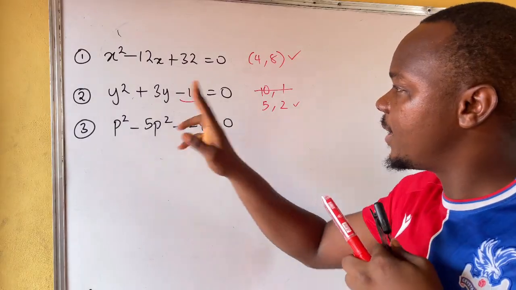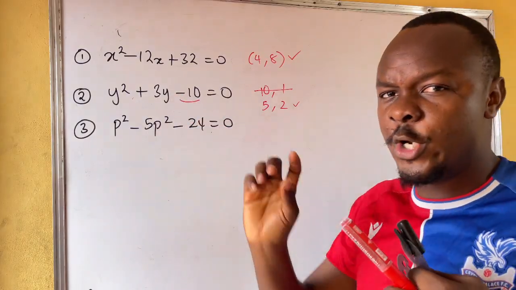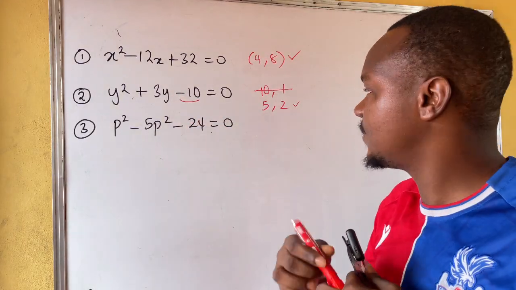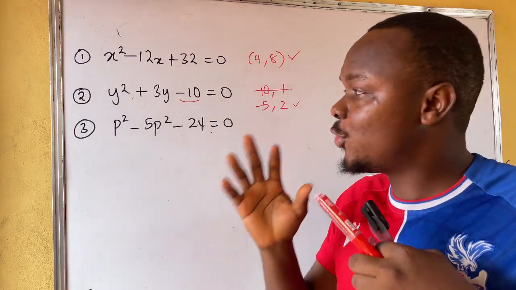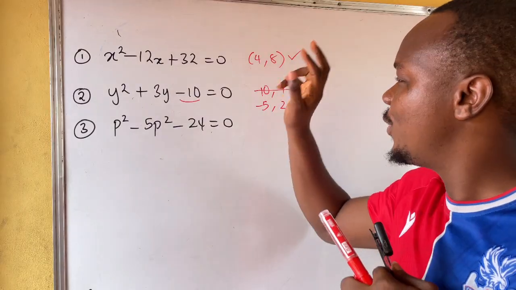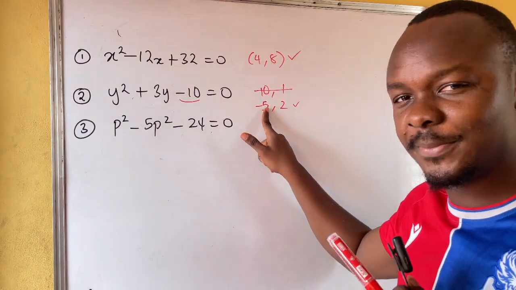But for this one that you have plus and minus, where do you put the sign? You put the sign on the bigger number. The bigger number here is 5, so you put the sign on 5. So the root to this equation, or equations of this type, is done this way. You find your numbers and put the sign on the bigger one.